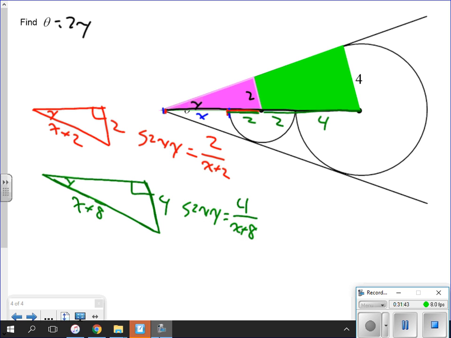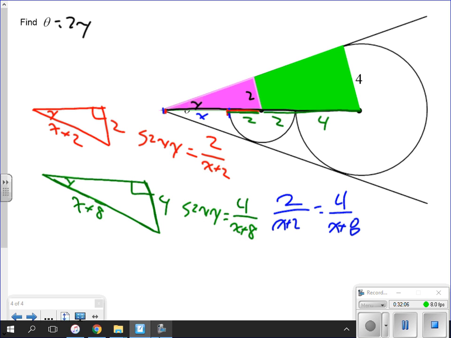Do you see where I'm headed on this one? The sine of y and the sine of y are each equal to two things, which means those two things are equal to each other. 2 over x plus 2 is equal to 4 over x plus 8.